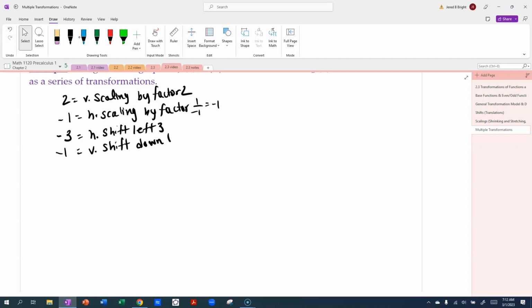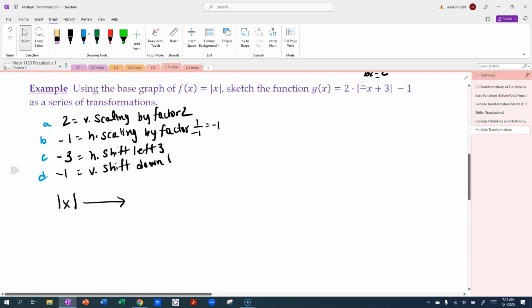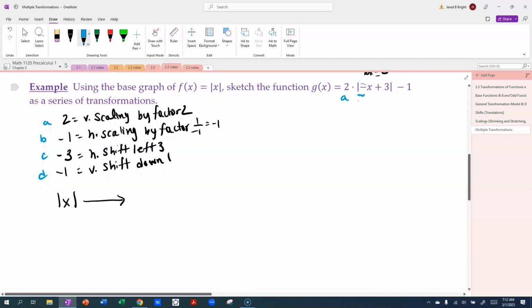So for instance, if I begin with absolute value of x, the first thing that I would do, I just need to identify this is my A, this is my B, this is my C, and that's my D, and just to be clear, I have A, B, C, I have to be careful, and then D there. So then I would use my C first, right?